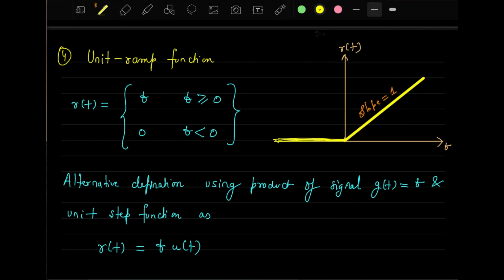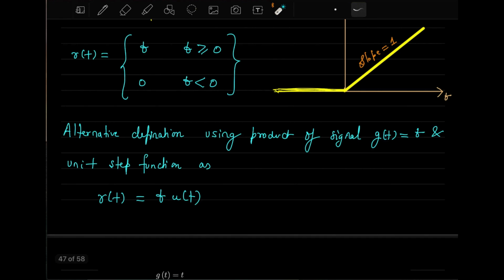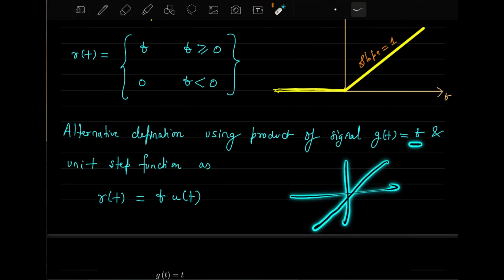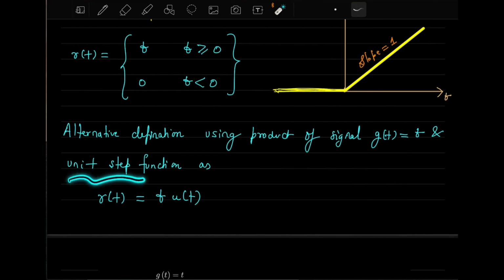So this is basically a ramp function, and this is the first definition that you have for the ramp function. The alternative definition is that if you take a signal g(t) which is t, and multiply it with the unit step, you will get the ramp function.